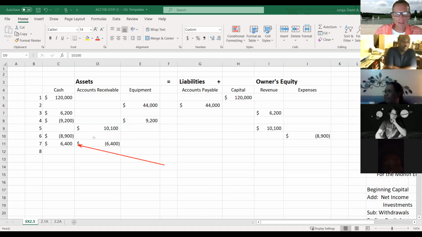When we do that, that account is reduced. We're collecting $6,400 from that 10,100, and putting it into cash. So they're paying the bill they owe you. Correct. It would be their accounts payable, and it's payable to us. We essentially turn that into cash that's available for us to use.